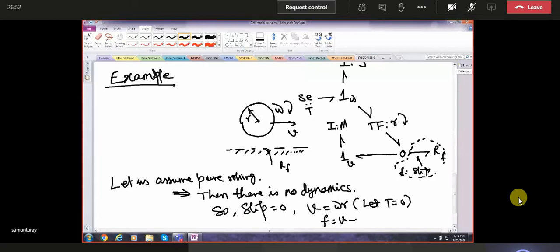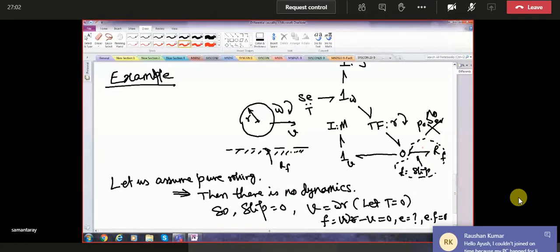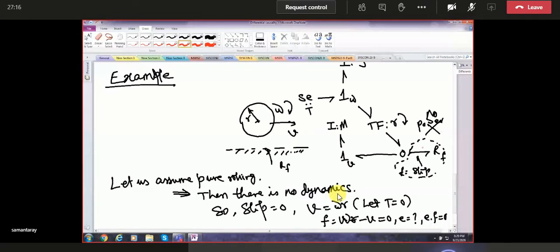Sir, R is a resistance due to friction. Yes, R is resistance due to friction. When you are pure rolling, what is the frictional force generated? Frictional force is 0, if you don't have any air resistance. Because if you have frictional force, there will be linear acceleration.